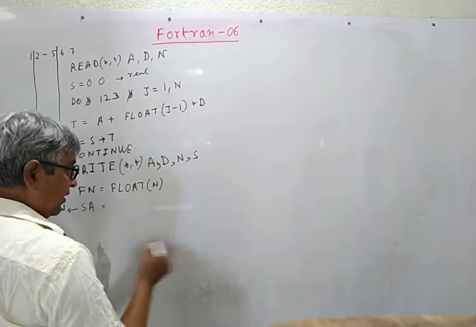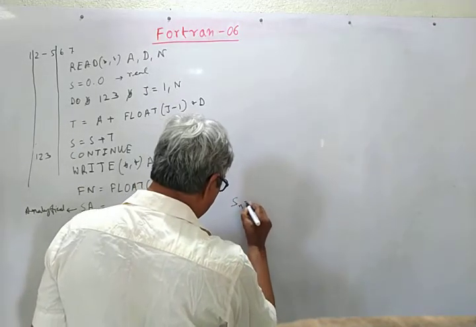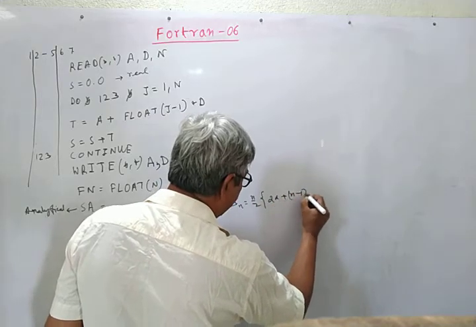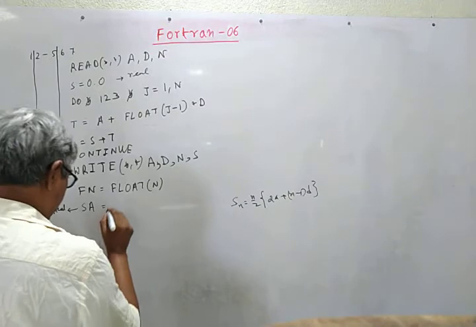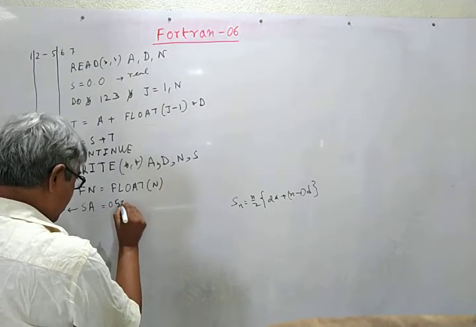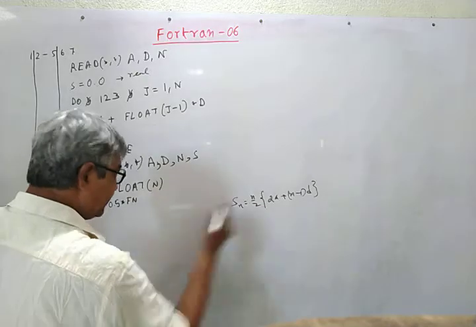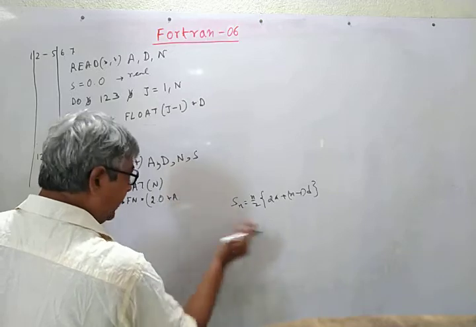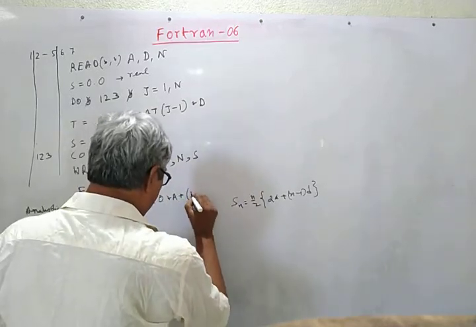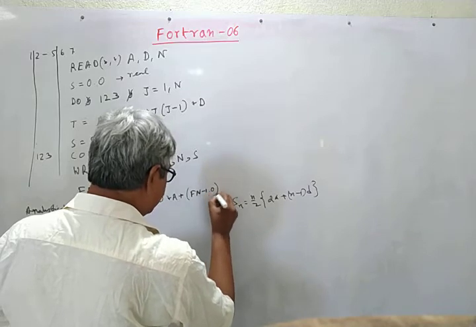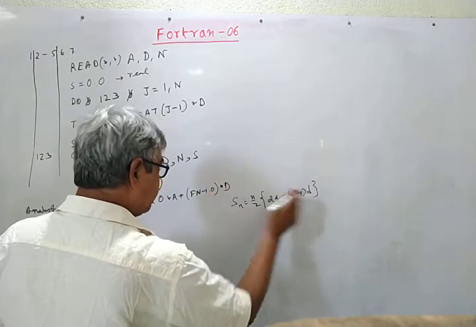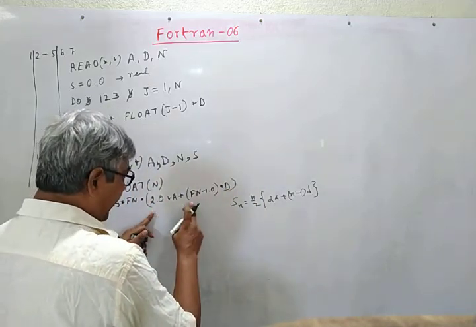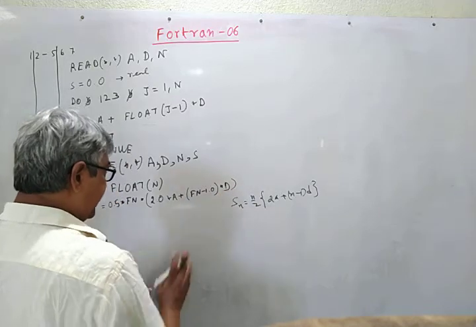You know that Sn, just as I have written, is n/2 times (2a + (n-1)d). So we write it as 0.5*fn for this much, then *(2.0*a for this part, plus (fn-1.0)*d for this part), and you must be careful about the left brackets and equal number of left and right brackets.